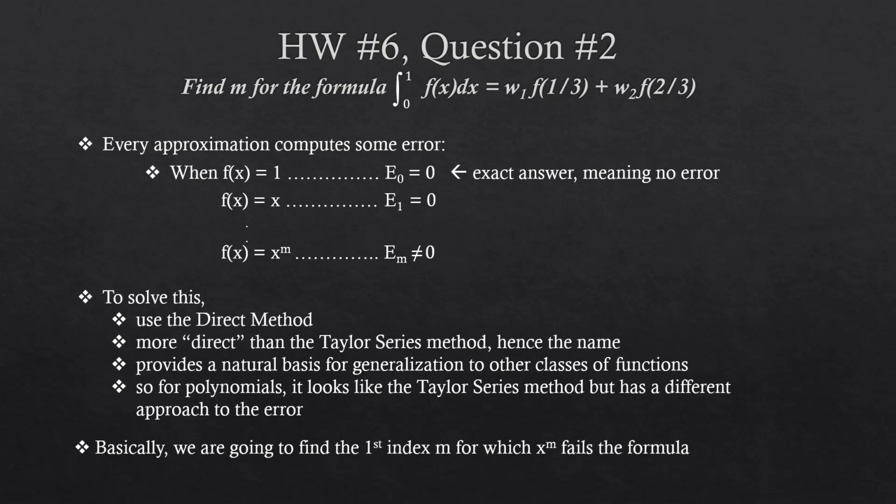And so basically what I'm saying from all of this is that we're going to try to find the first index m for which x to the m fails the formula. That's what I was talking about, where e sub m doesn't literally have to be the value 0, but it just shows that it fails the formula, that it's inconsistent.